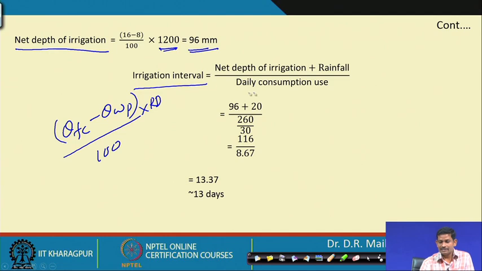And irrigation interval is equal to net depth of irrigation plus rainfall, divided by daily consumptive use. So, 96 plus 20 divided by daily consumptive use 260 by 30 days, so 116 by 8.7, and finally you get 13.37, or you can consider 13 days. So, every 13 days you give irrigation, this is the irrigation interval.